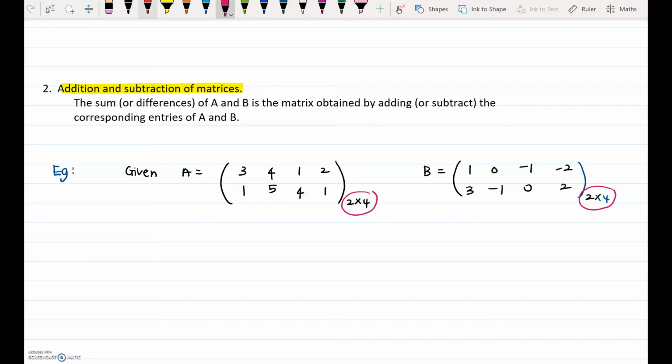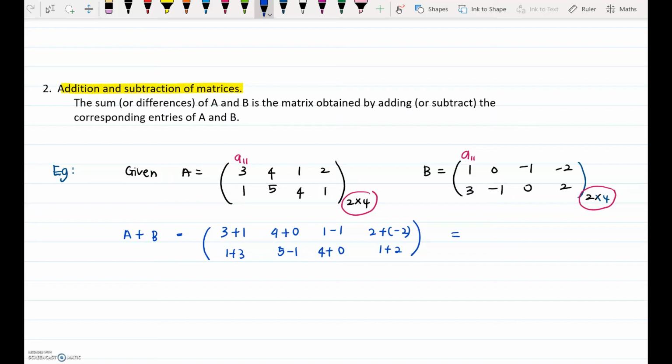For example, if we want to find A plus B, it will be 3 plus 1, then 4 plus 0, 1 plus negative 1, and 2 plus negative 2. Then we have 1 plus 3, 5 minus 1, 4 plus 0, and lastly 1 plus 2.